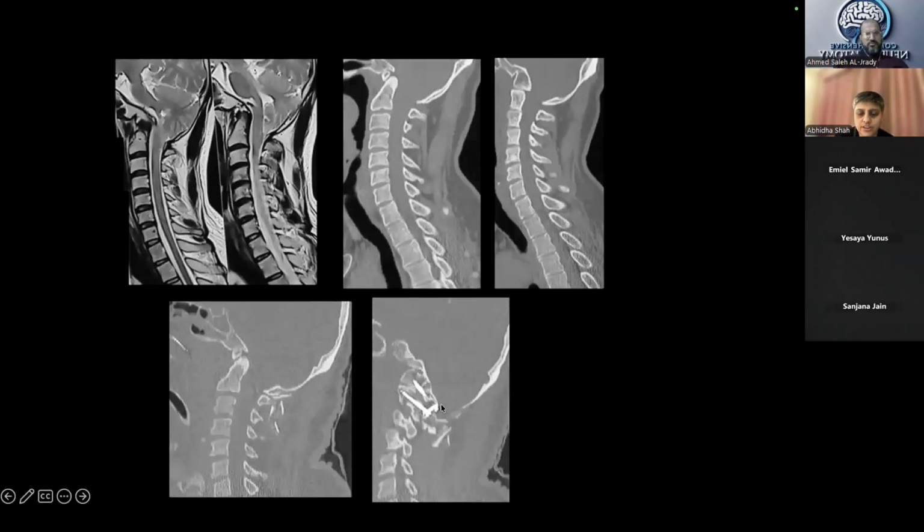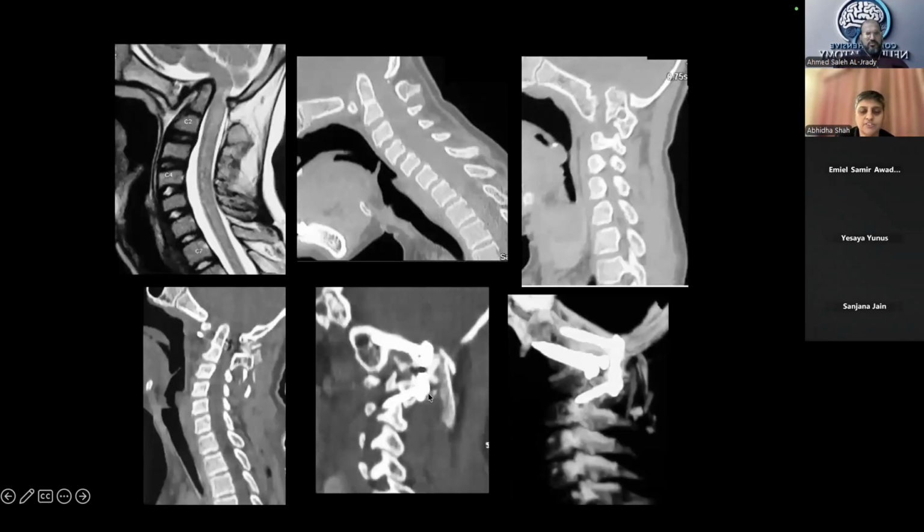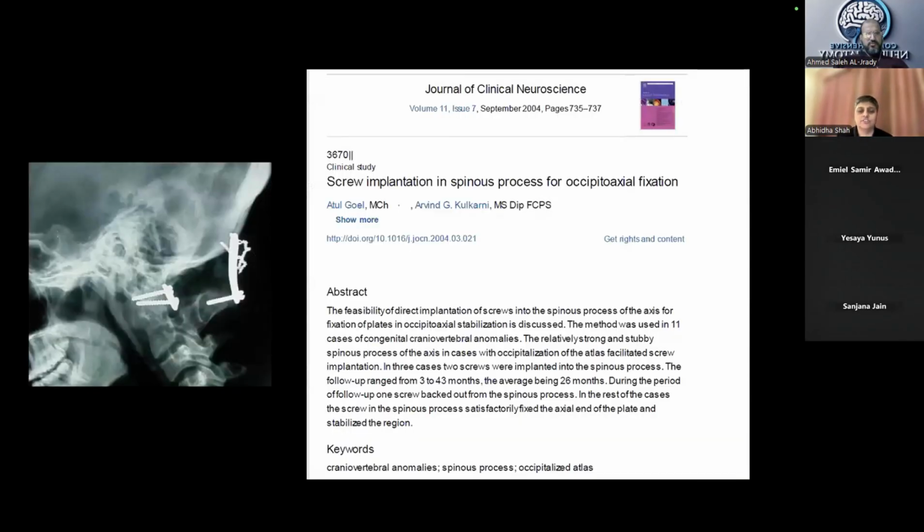So here you see a little bit of the foramen magnum rim and the occipital bone has been removed, and this is a transcranial insertion of the C1 facet screw, and you need it very rarely in some cases of basilar invagination. Here you can see the trajectory of the screws. You can see how high that is. Basilar invagination is here, and that's why we had to resort to this. So we come from above and then identify the C1 and enter the C1 screw.